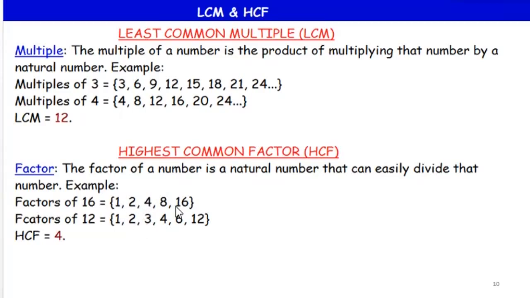So let's first look at some common factors. 1 is here and 1 is here. 2 is here, 2 is here. 4 is here and 4 is here, right? So we have 3 common factors. But what is the highest among these 3? It is obviously 4. So the HCF of 16 and 12 is simply 4. I believe it's well understood, right? Okay, let's move on.